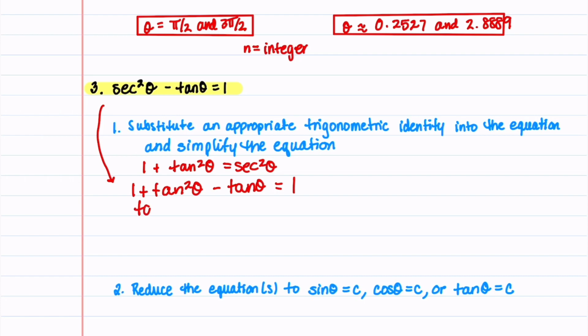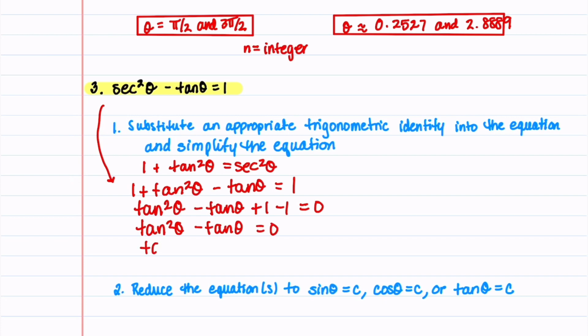Let's rearrange this so we can factor it. So we have tangent squared theta minus tangent theta plus 1 minus 1 is equal to 0, pulling that 1 over from the right-hand side. So this gives us tangent squared theta minus tangent theta is equal to 0.